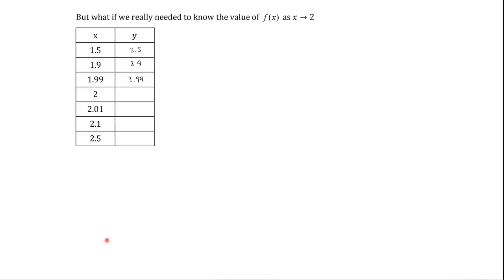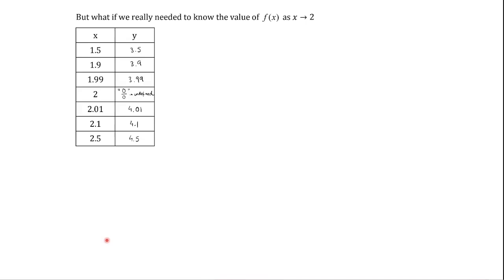Here again, of course, if we let x be equal to 2, we still have that undefined value that we don't know what it is, right? But then if we go over the 2 to 2.01, then we get 4.01. At 2.1, we get 4.1, and at 2.5, we get 4.5, okay?